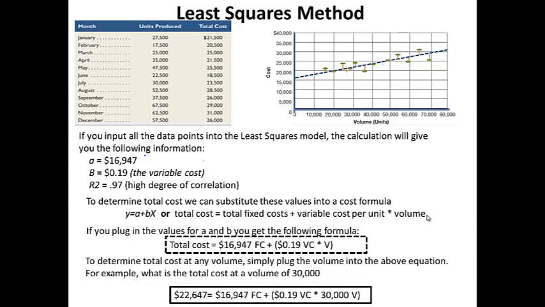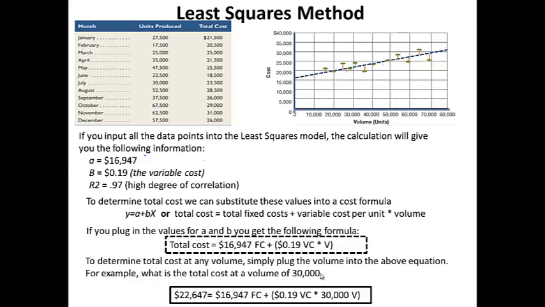What you could do then is calculate the total cost for this particular department at any volume level. As an example, what would be my total cost in my department at a volume level of 30,000?